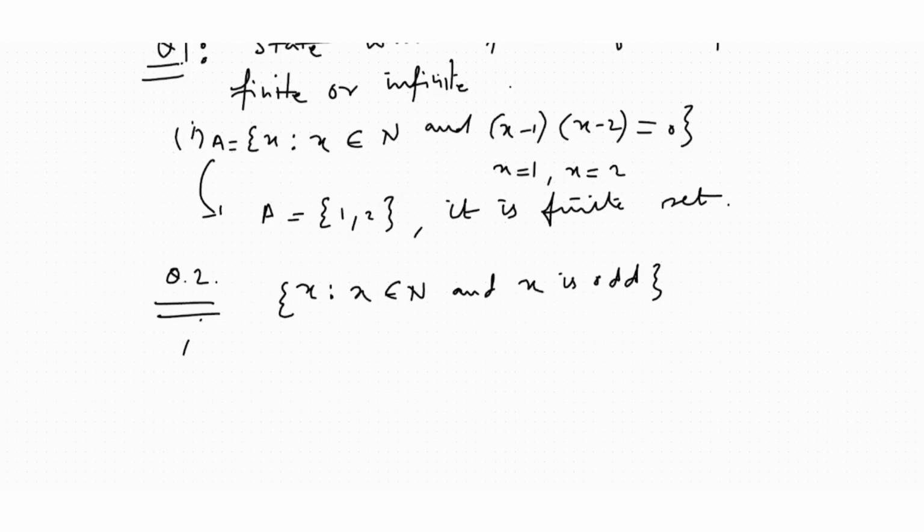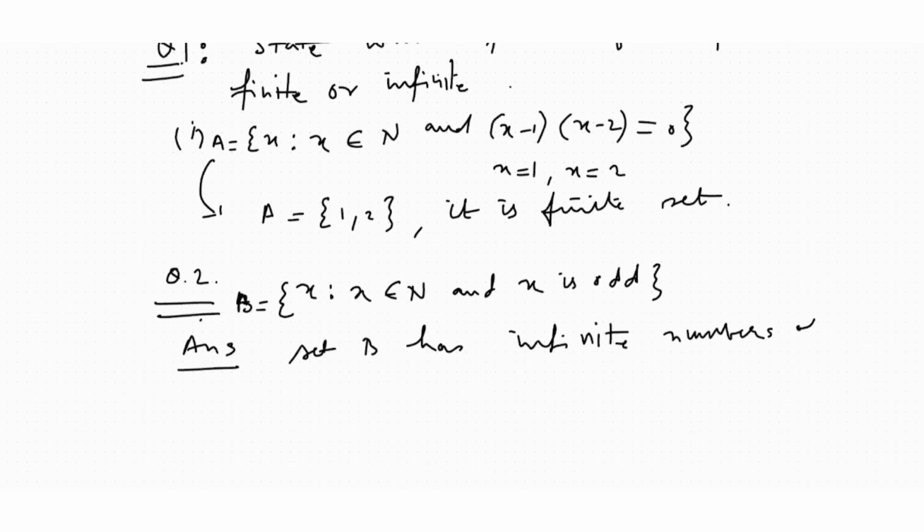Let's say this is set B. So set B has infinite numbers of odd numbers, hence it is an infinite set. Correct?